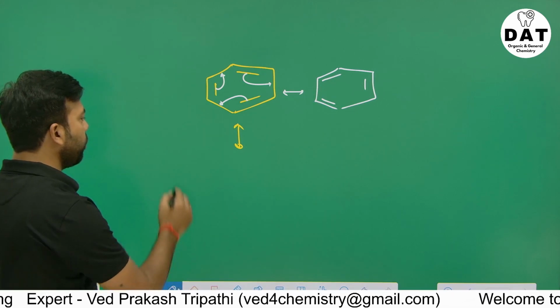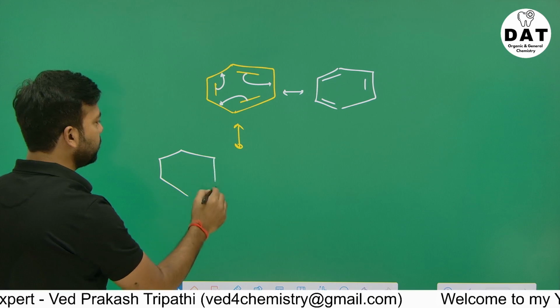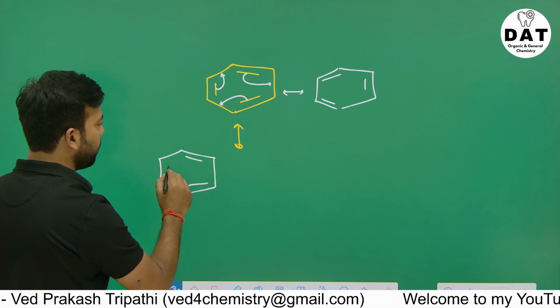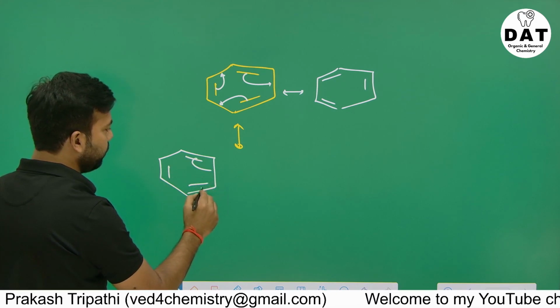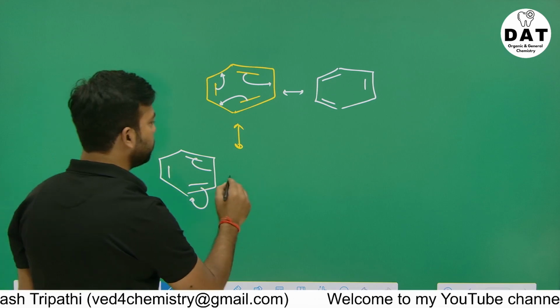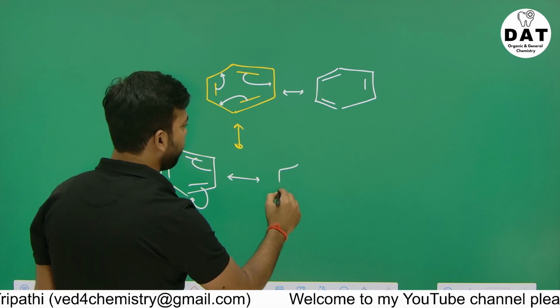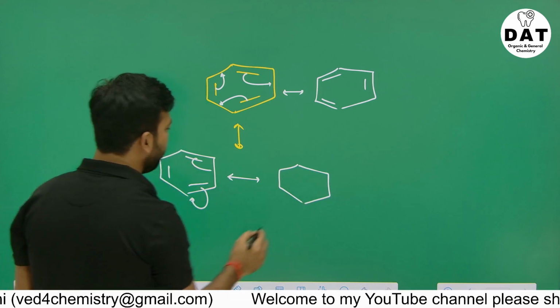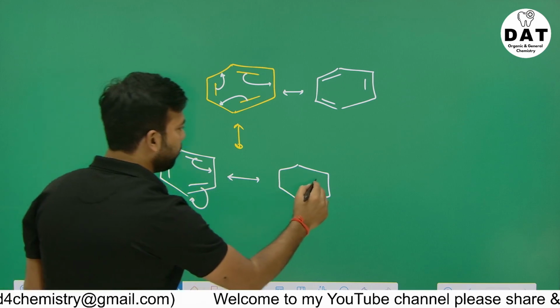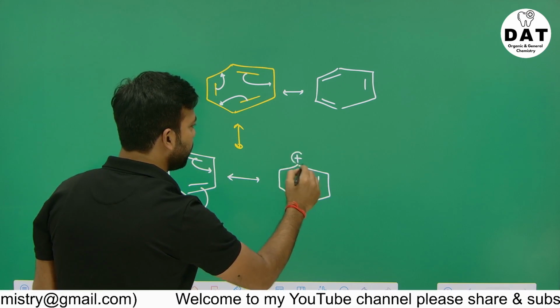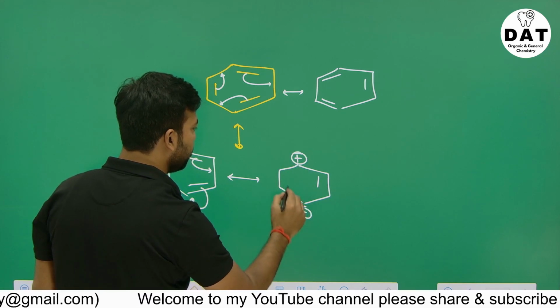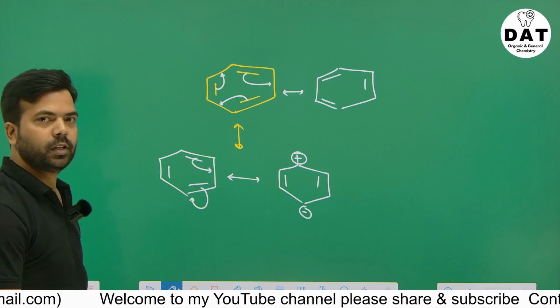If you are going to draw one by one, it should be like this. This goes here and it breaks here. So draw this. So there is a double bond. Here we have a positive charge, here we have a negative charge, and here we have double. Make sense?